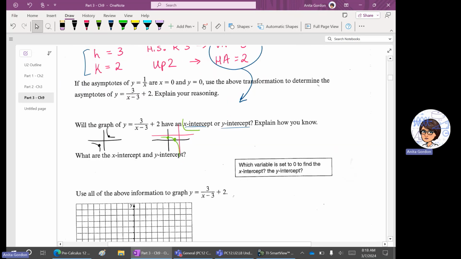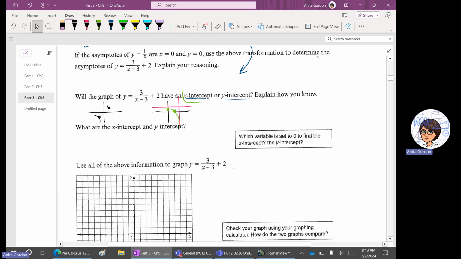Well, how can we determine the intercepts? Remember that when we look for the x-intercept, we let y equal 0 and solve for x. And when we look for the y-intercept, we let x equal 0 because we are looking for the y. So let's do that with our calculators here. If y is 0, what is x?